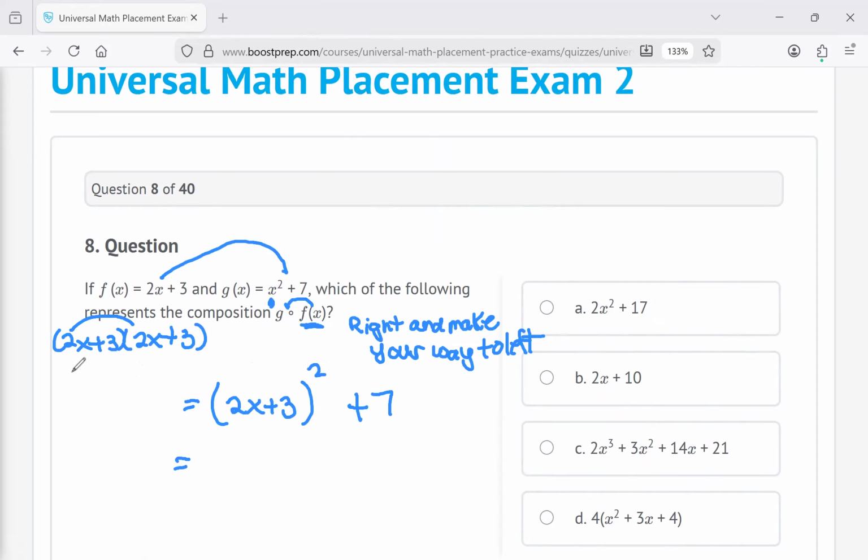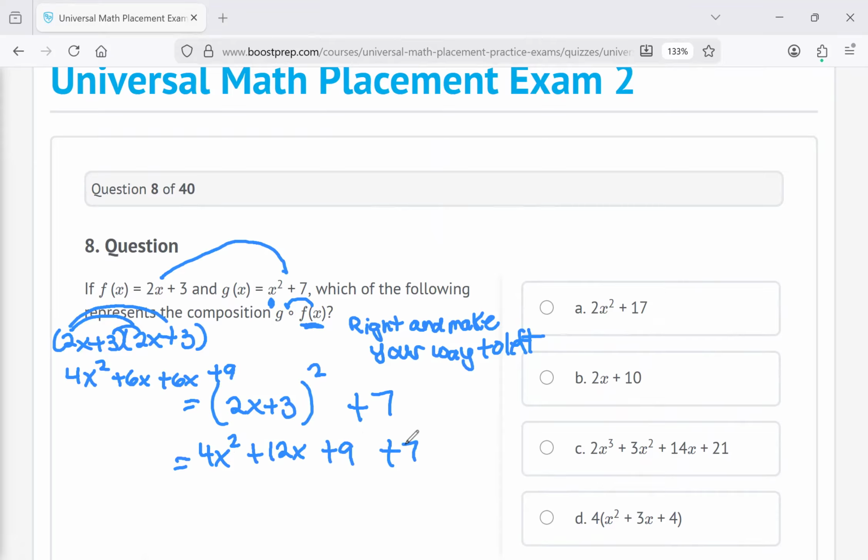That would be 4x squared plus 6x, and then 3 times 2x is 6x, and then plus 9. So you get 4x squared plus 12x plus 9. And then you also have this plus 7 at the very end.